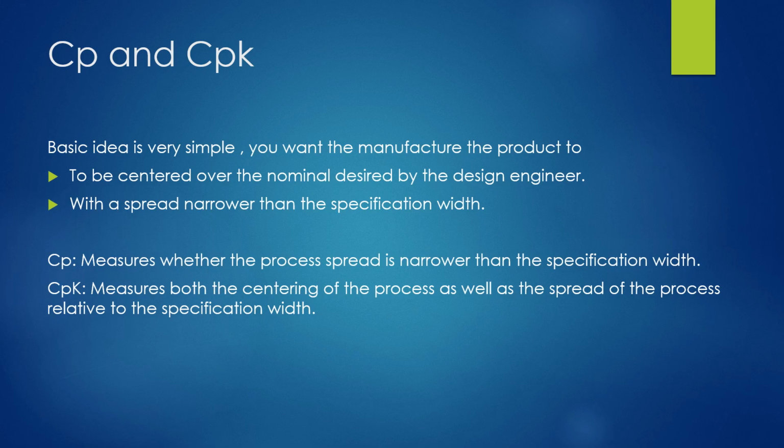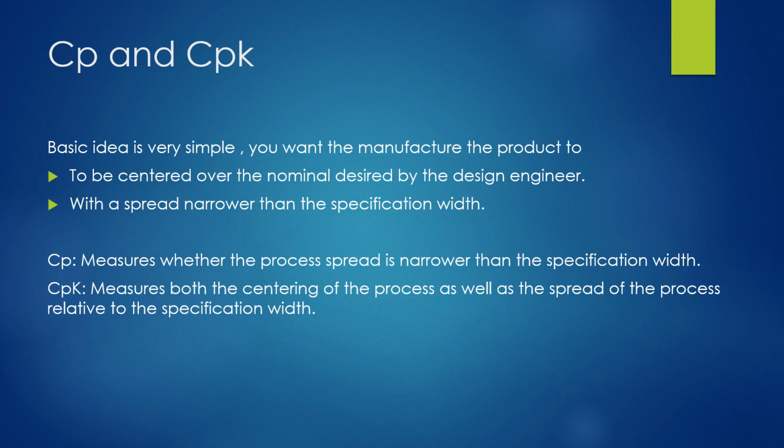That is the main idea. To achieve this, we have to see that our process is aligned in the center rather than to the lower or the higher extent. That is why Cp and Cpk are important.